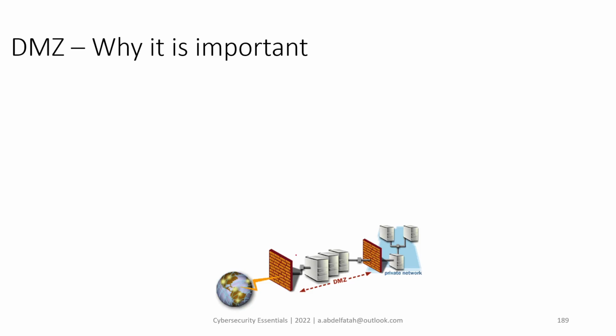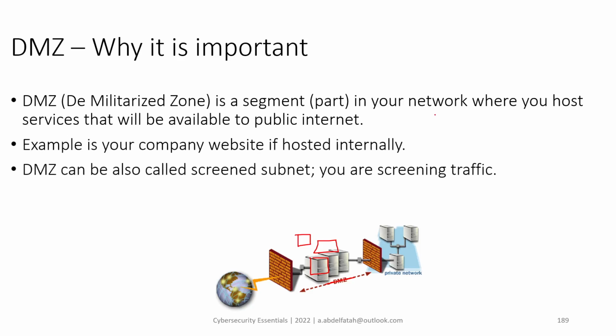Whenever you have a website that is published online, this website should be placed in a segment inside your network called the DMZ. The DMZ, or demilitarized zone, is a special zone in your network where you place all public services, such as a website that you need to make available to the public.